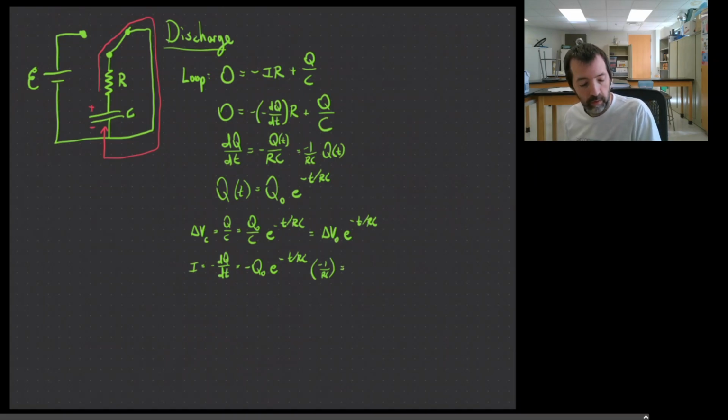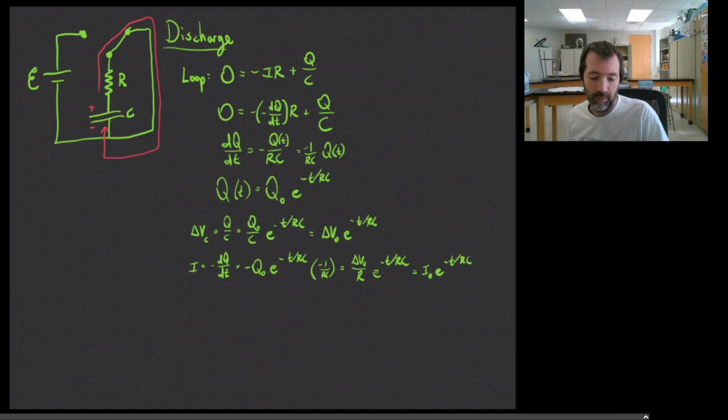So the current is positive Q naught over RC. Q naught over C is delta V naught. So the current as a function of time is delta V naught over R, which would be the initial current, times e to the negative t over RC. So I could write that initial current as I naught if I don't like it.